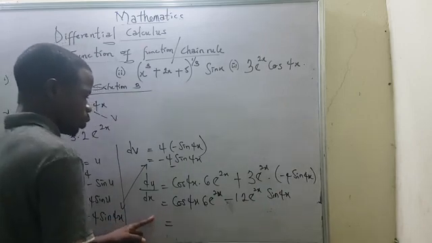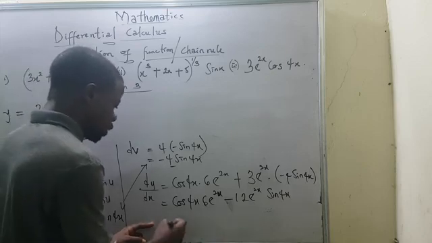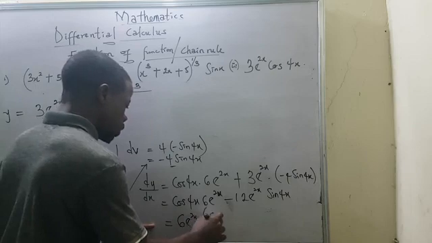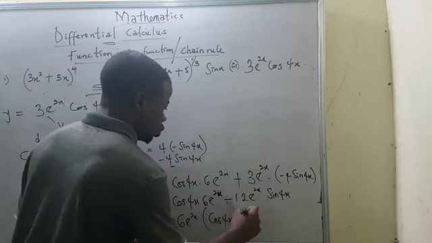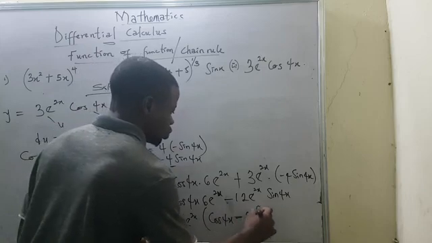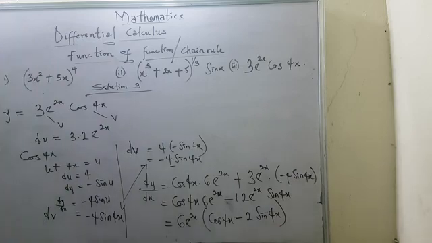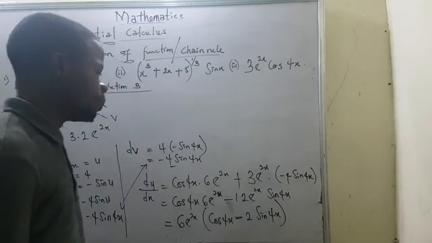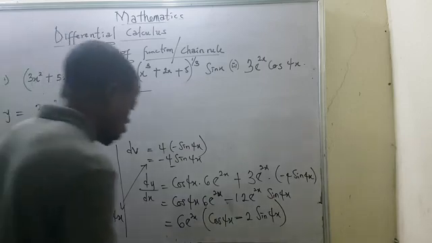So that can be equal to 6 exponential of 2x, open a bracket, cos 4x minus 2 sine 4x. Assuming this 2 is not there, it would have been easier. You say cos a minus sine a, there's an identity for that. So you can actually stop here.